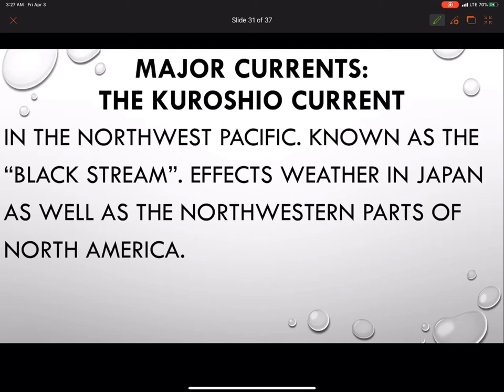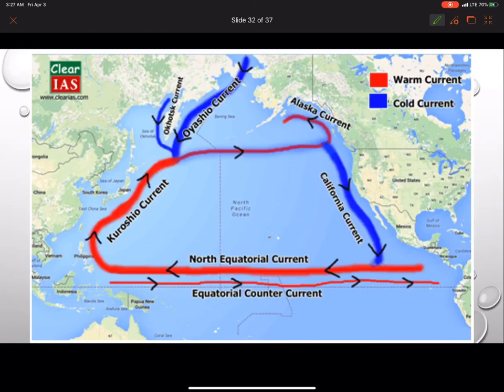Anyway, let's continue. And here's a picture of it. Once again, all of these currents meet, and because we are in the northern hemisphere, this one also follows a clockwise circle. And so we have the Kuroshio current starting right here.